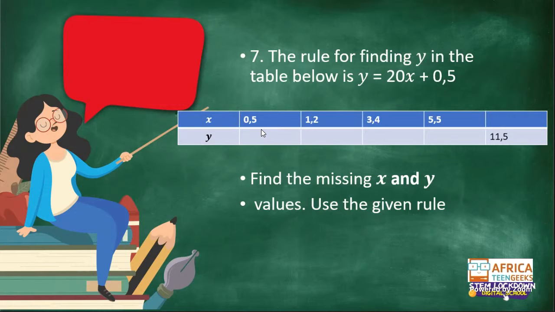How did you find 50? First I said 0,5 times 20, and then I got 10, and then I said 10 times 0,5 equals 50,0. Why do you times? Because there's a plus here. Can you see the plus sign?